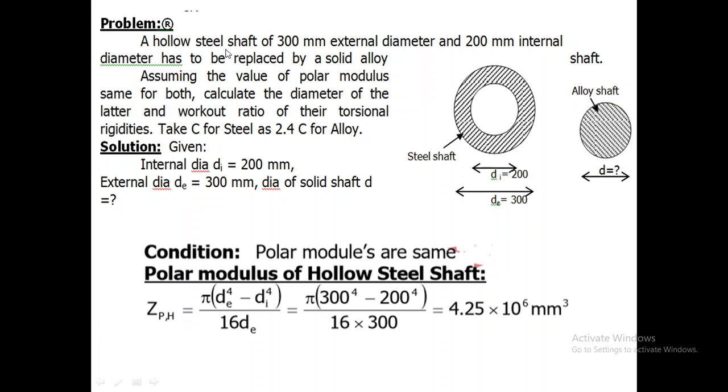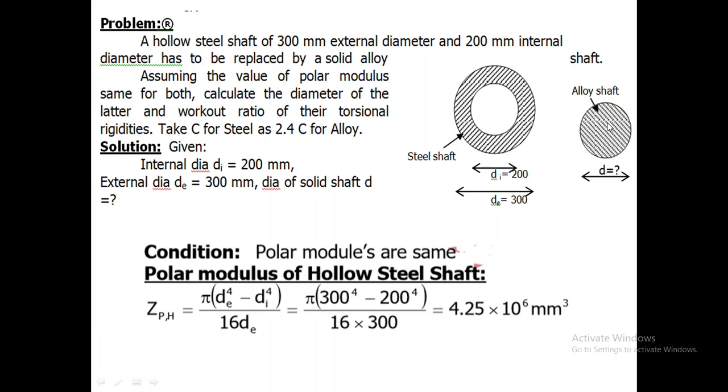Here we have a steel shaft again. It's a hollow shaft with external and internal diameters given here, and we have to replace that steel shaft by a solid alloy shaft. The metal is different here: the hollow shaft is made of steel and the solid shaft is some other alloy.